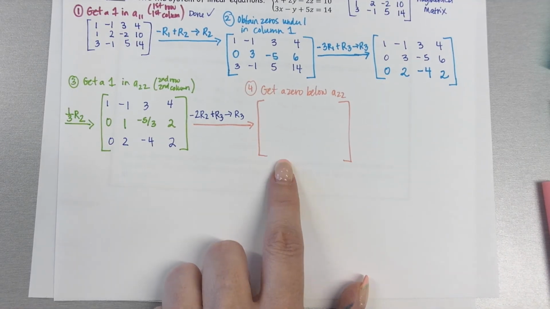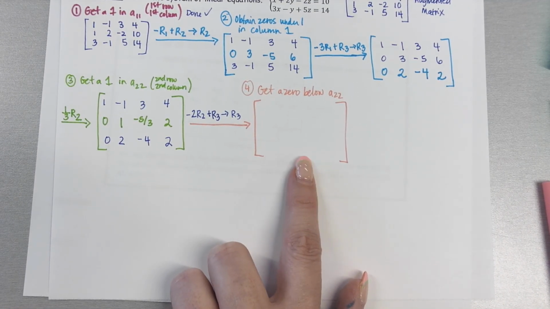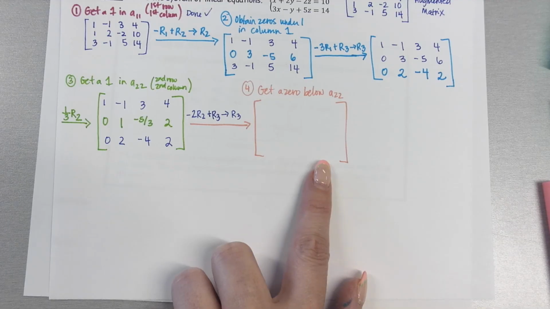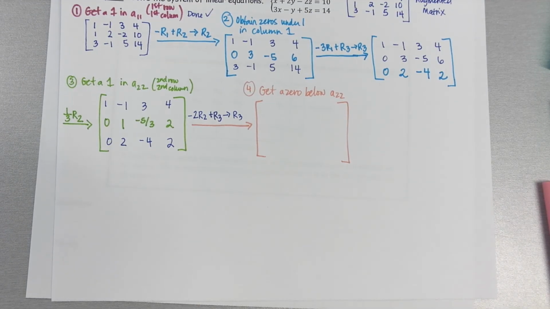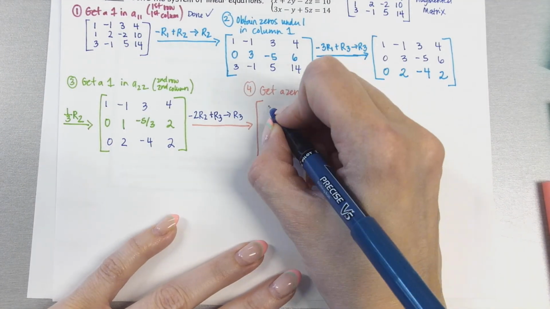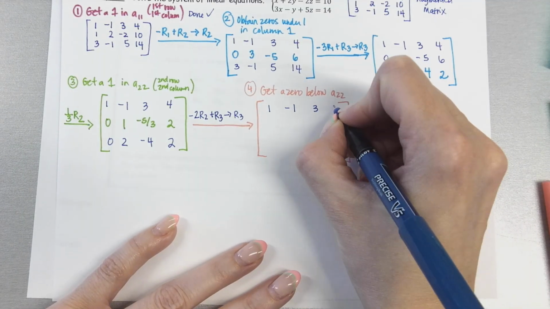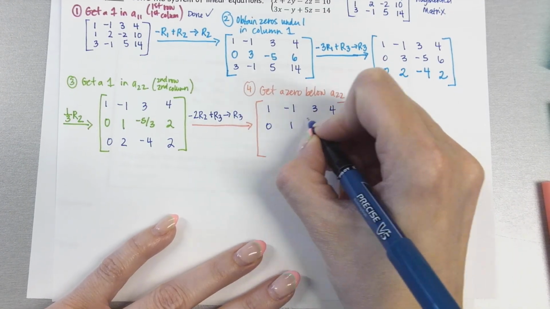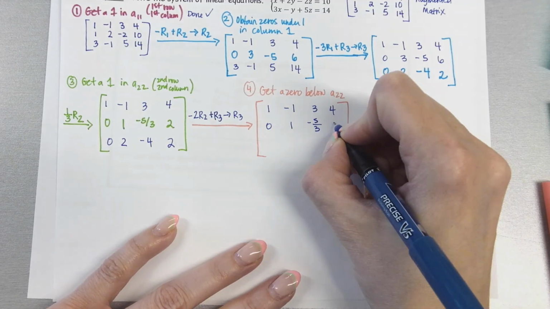So I want you to go ahead and do that for your 3rd row. Okay, and because we're only doing row 3, I'm just going to write in my 1, negative 1, 3, 4, 0, 1, negative 5/3, and 2.